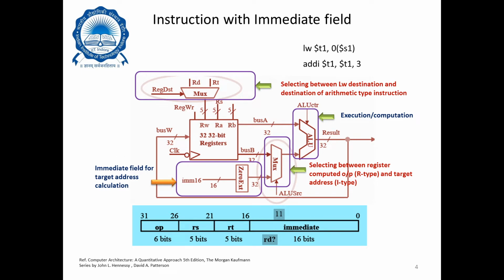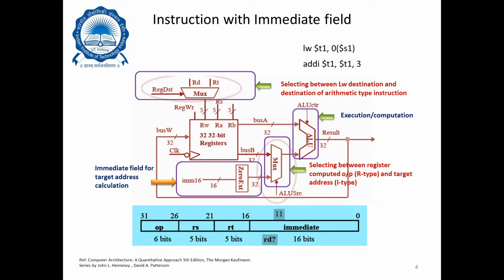What about instructions with an immediate field? Let's take two examples. We have LW $T1, 0($S1), and then we have ADDI $T1, $T1, 3. The upper half of the 32-bit register file has a mux that comprises two inputs, RD and RT, for the following reason. If you have an R-type instruction format, the destination field is RD, while if you have a load store type format, or let's say an I-type format, then the destination field is RT.